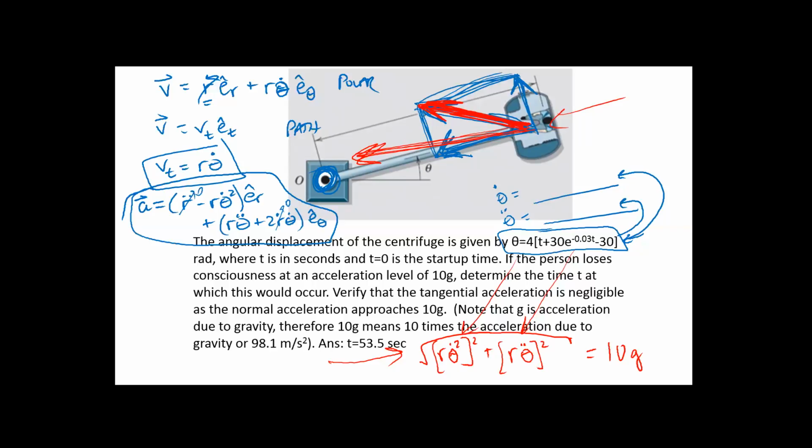I'm still a little confused on the last question where it said verify that the tangential acceleration is negligible. The normal acceleration approaches 10g. Is that something we're supposed to verify through explanation and answer, or through equations, or can we just draw a picture similar to what you did?